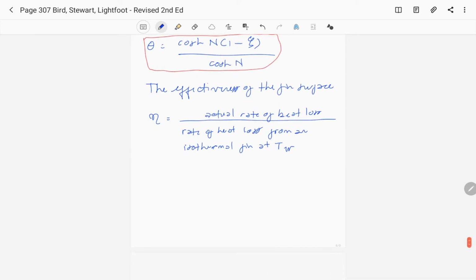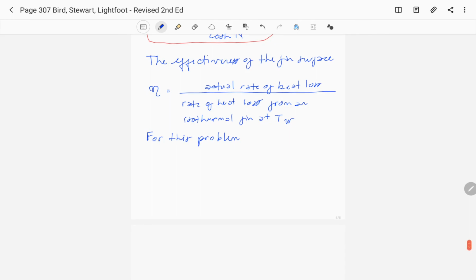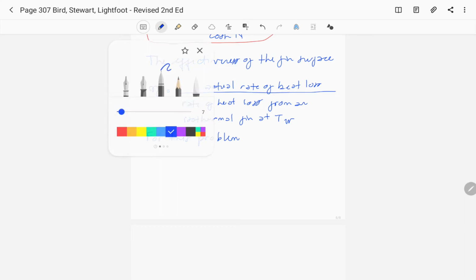So the denominator in here basically refers to the ideal situation where all the temperature on the fin has a temperature of Tw, which is equal to the temperature of the wall.